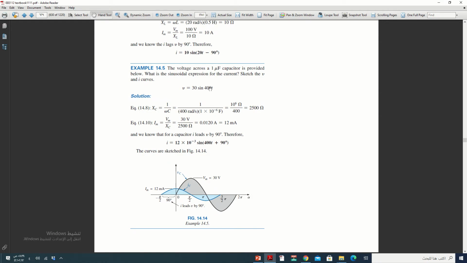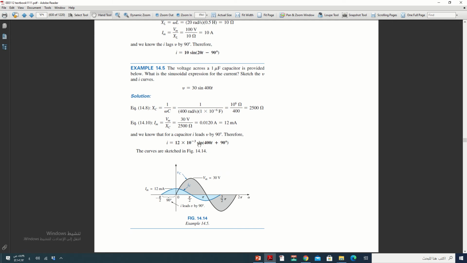Here, how to find XC? XC equals 1 over omega C. We have C equals 1 microfarad and omega is 400; apply and you will get 2500 ohm. What about the peak for the current, which is Vm over XC, 30 over 2500, becomes 12 milliampere.